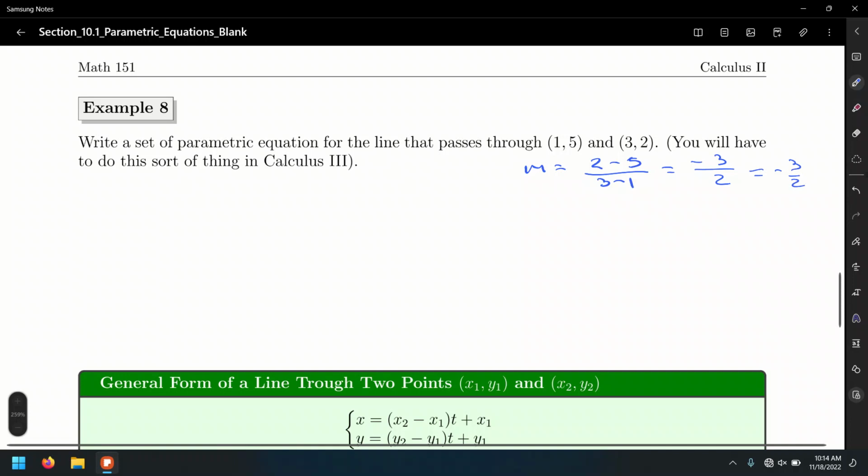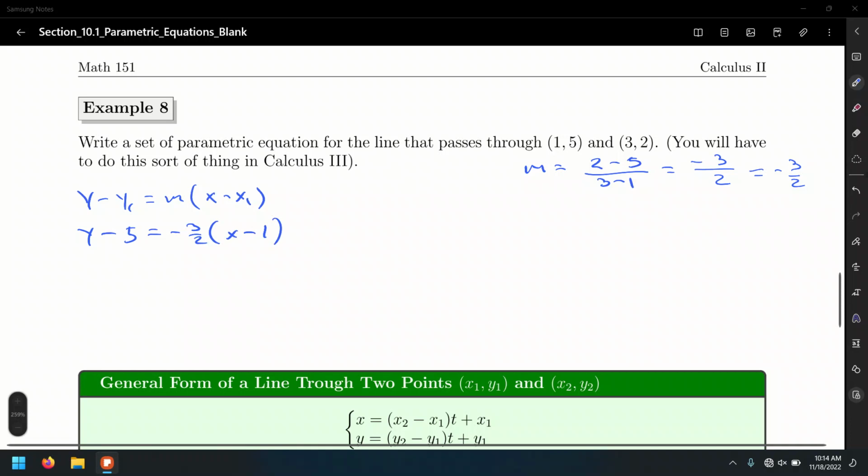Now that we have the slope, we can use it with any of the points. I'm going to use the first point, the initial point. That's y minus 5 equals m, which is -3/2, times x minus x1, which is x minus 1.